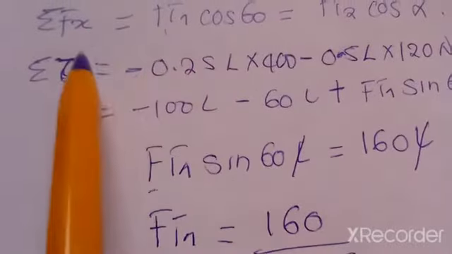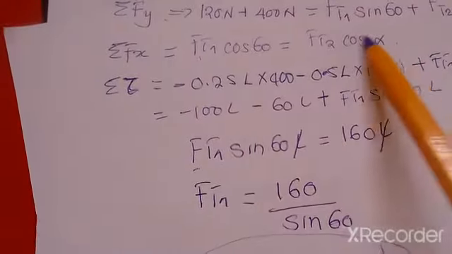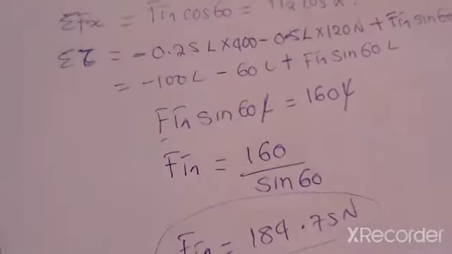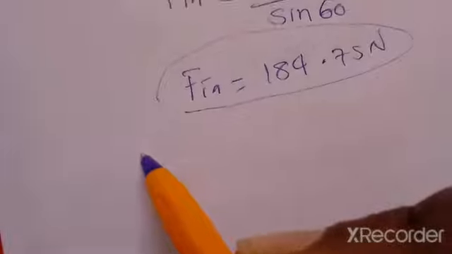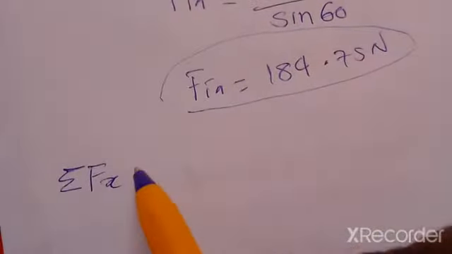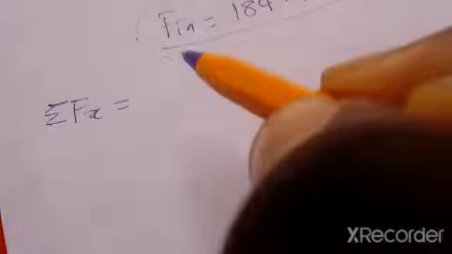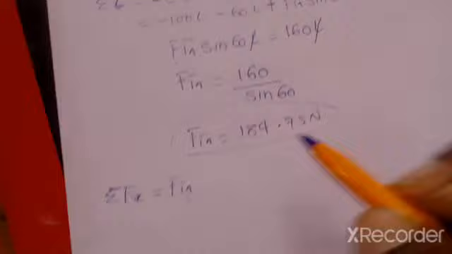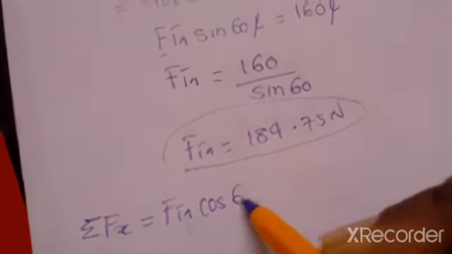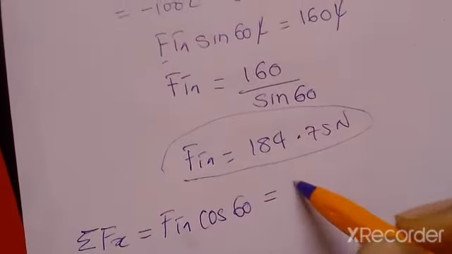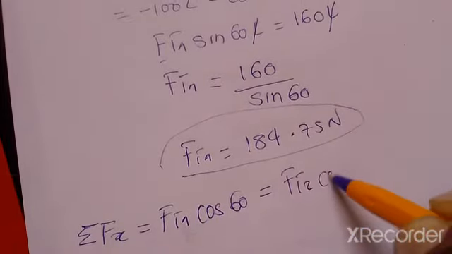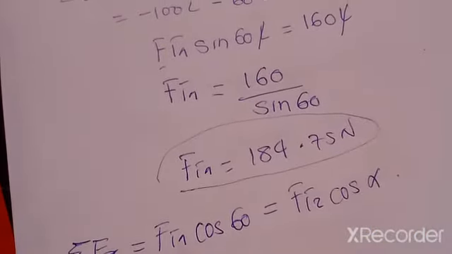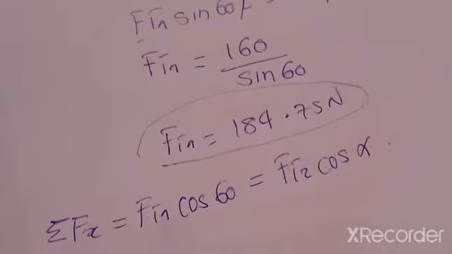We go back to the summation of forces in the x-axis. The summation of forces in the x-axis gave us this. Okay, so we'll say summation of forces in the x gave us ft1 cos 60 is equal to ft2 cos alpha. Okay, so what do we have here?